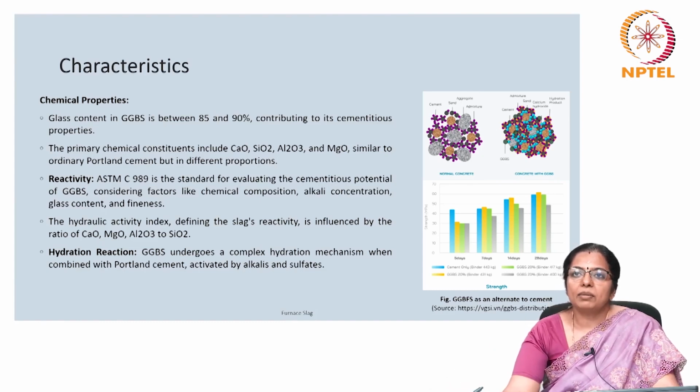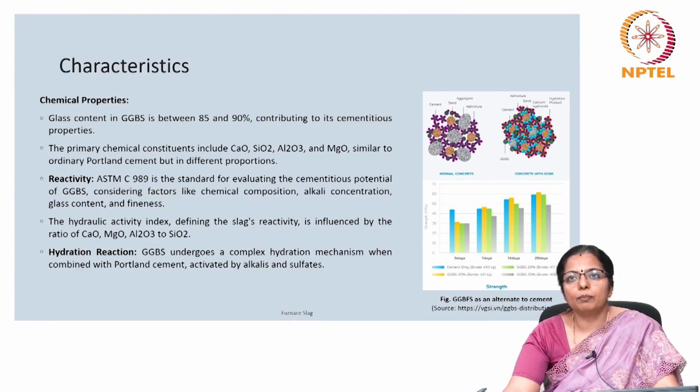Ground granulated blast furnace slag also exhibits significant chemical properties that define its suitability for construction applications. With the glass content ranging from 85 to 90%, ground granulated blast slag possesses inherent cementitious properties which is crucial for enhancing the performance of concrete.